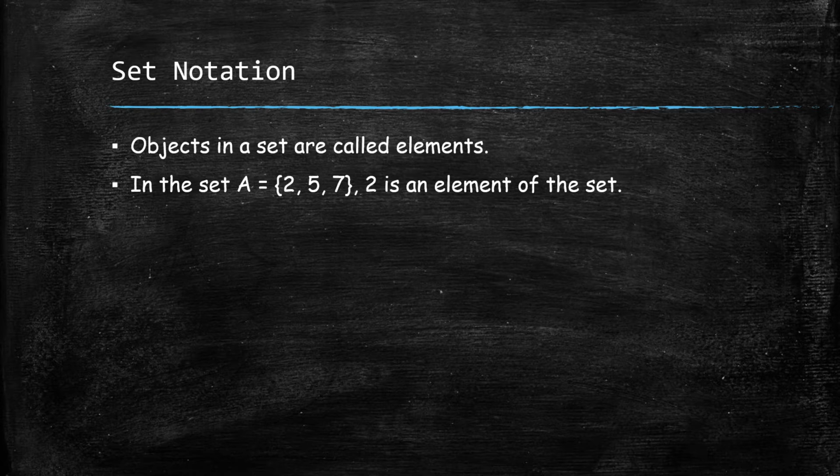Likewise, 5 is an element and 7 is also an element. This can be denoted as 2 ∈ A. That symbol represents "belongs to" or "is a member of", and it symbolizes that 2 is an element of set A.